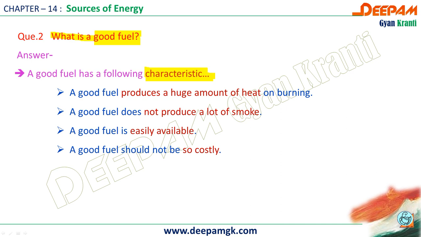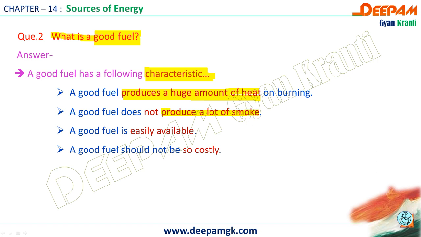It produces a huge amount of heat on burning. It means a good fuel should be useful while it is burning. It should give us a huge amount of heat. Next, a good fuel does not produce a lot of smoke.